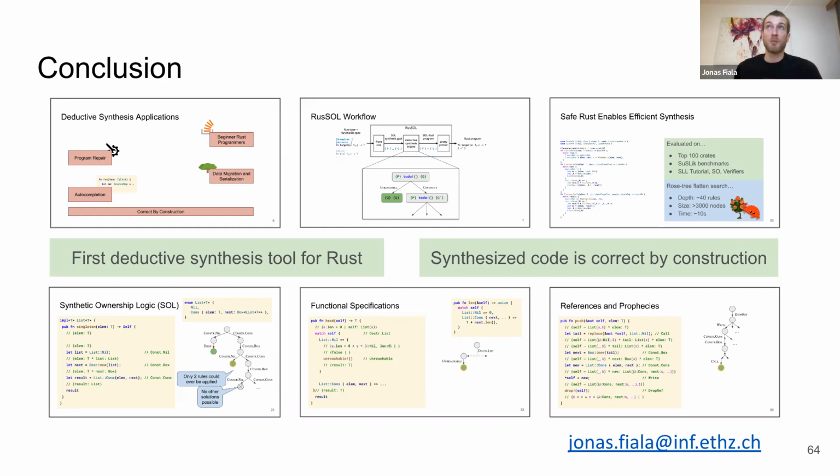You could have some reasoning about, say, runtime, where you say that the solution should be in linear time, and it will restrict the search tree to only programs that are actually in linear time. But right now, the heuristic is a bit hand-wavy, and it tries to find a simple solution, but there's no guarantee.